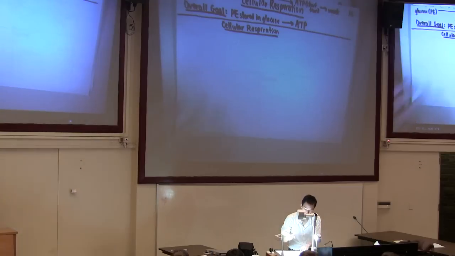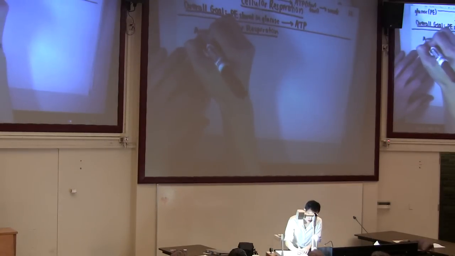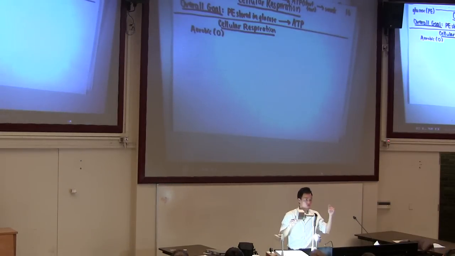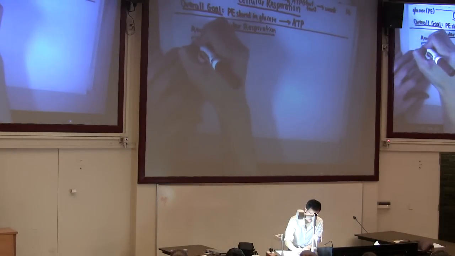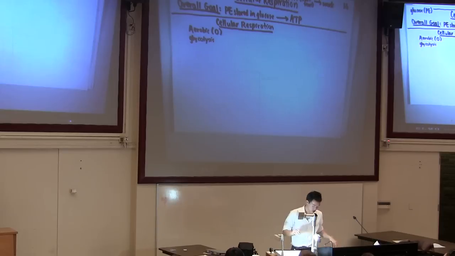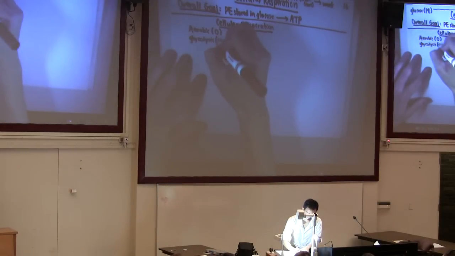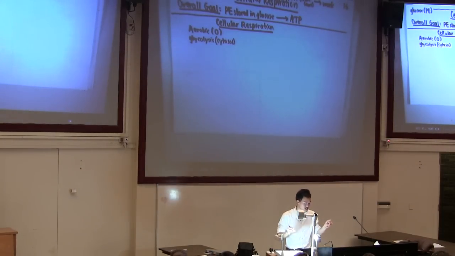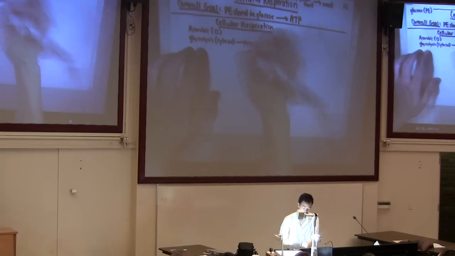So in aerobic organisms, which means has oxygen, what do you start off with? What process? Glycolysis. Where does glycolysis occur? In the cytosol. In the cytosol of a cell, in the cytoplasm. If you have oxygen, then you're going to move on to what?